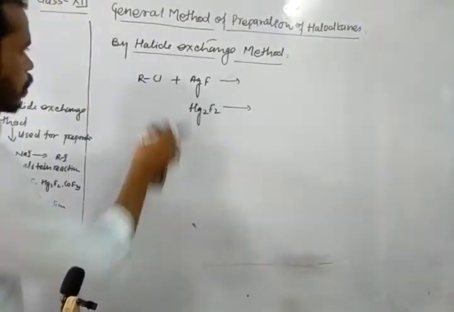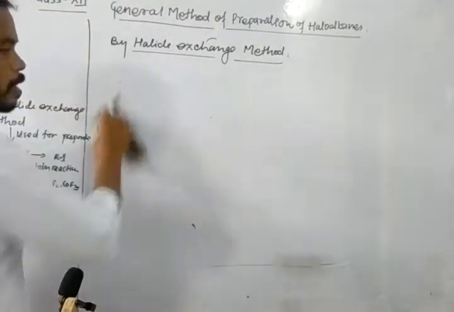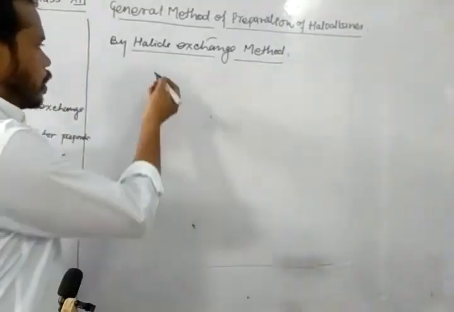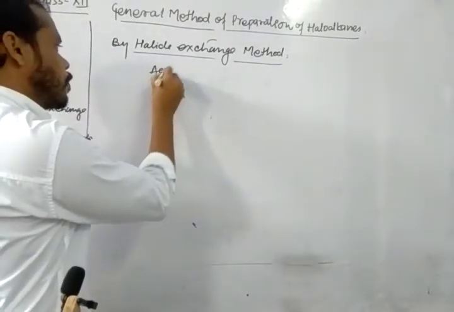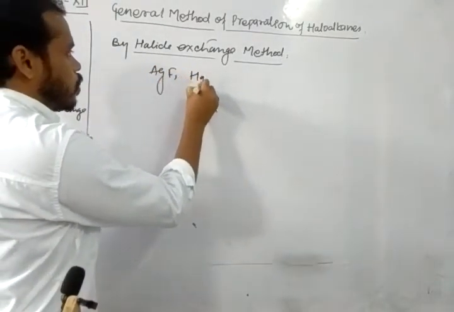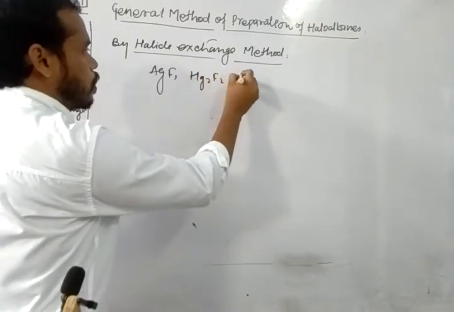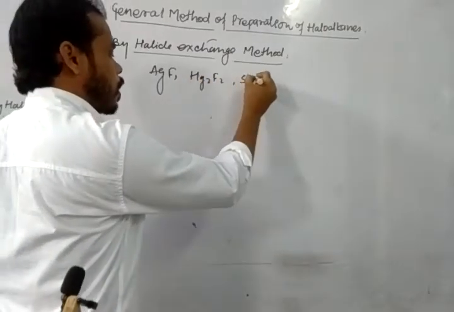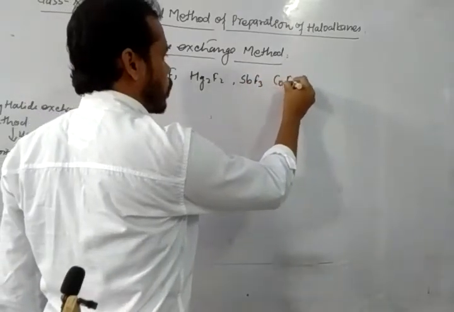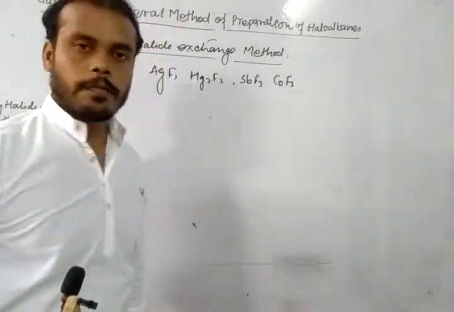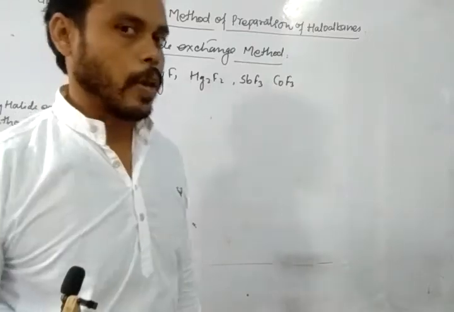Now we are going to define it this way: when chloroalkane or bromoalkane is treated with silver fluoride, mercurous fluoride, antimony trifluoride or cobalt trifluoride, it forms fluoroalkanes respectively.